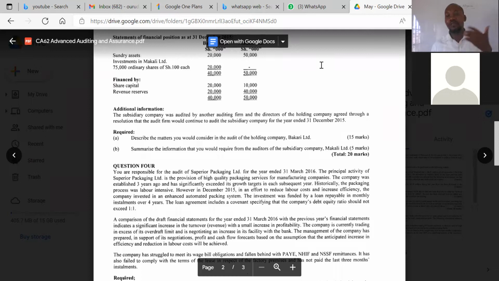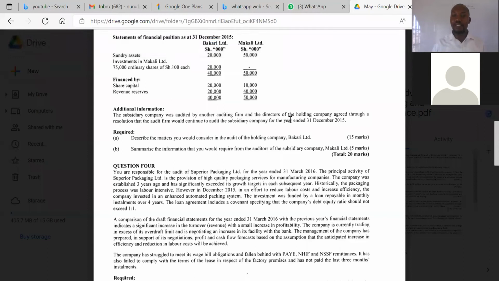One that is quite universal is that you need to understand the nature and structure of the group. The structure of the group is very important, because if it is a subsidiary, you need to know its contribution, its influence, and the percentage.